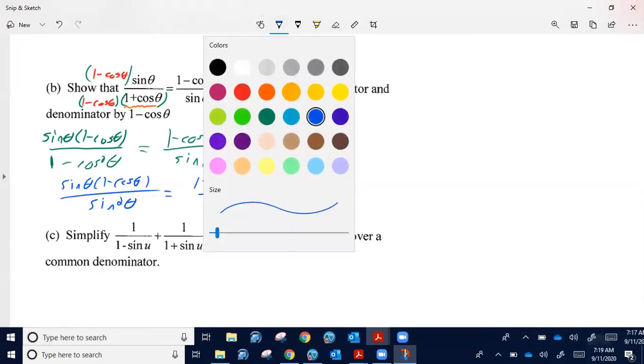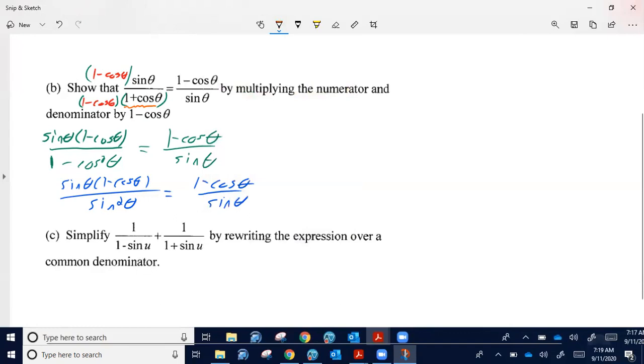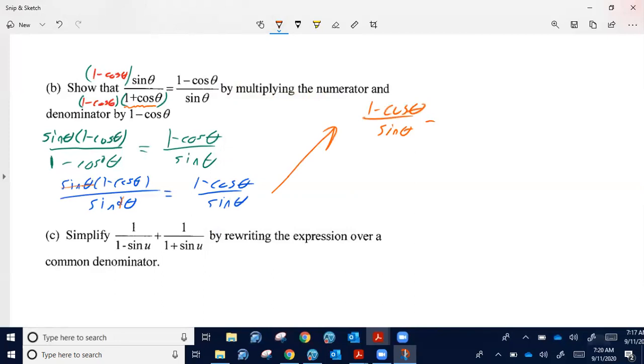Now we're almost there because the sine theta hanging out by itself on top takes out one of the sine thetas on bottom. That gives you a 1 minus cosine over a single sine of theta. And there we go. Got it done.